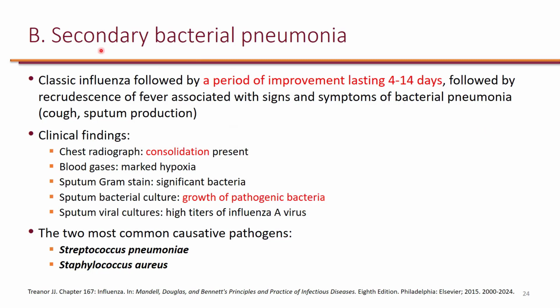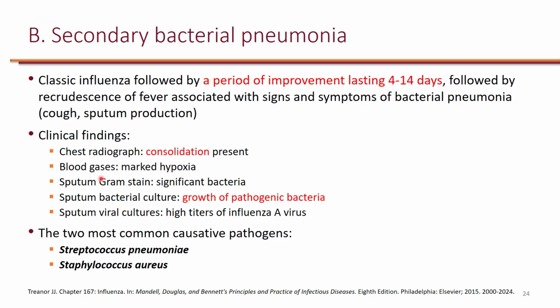And the reason we call it secondary is because this is secondary to the actual primary infection, which was influenza. So influenza is the primary infection, and then the bacteria will be secondary to the influenza. So this time, because bacteria are involved, on the chest x-ray you will see consolidation. And of course, it's pneumonia, so you will have marked hypoxia.